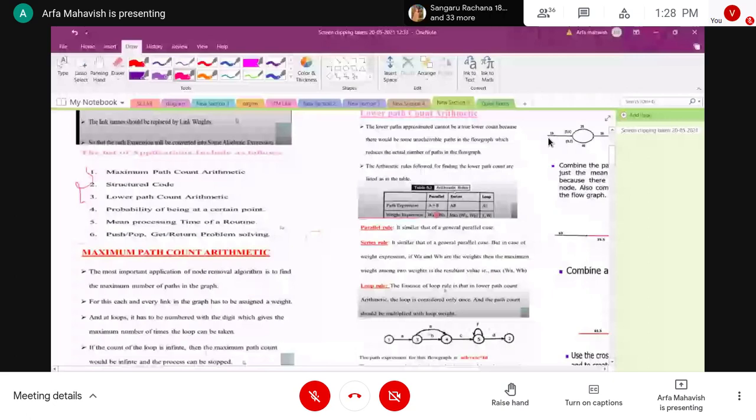As per the rule you have to multiply, and then we get the result 2. This value can be determined by assigning the values in the path expression, and we get the result as 2. Next we have the looping procedure.